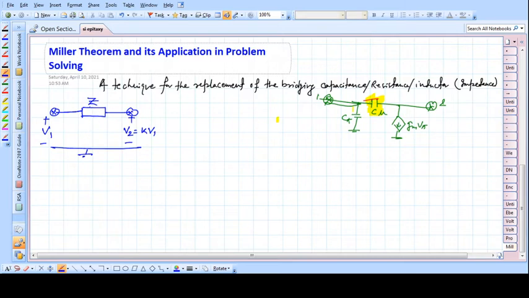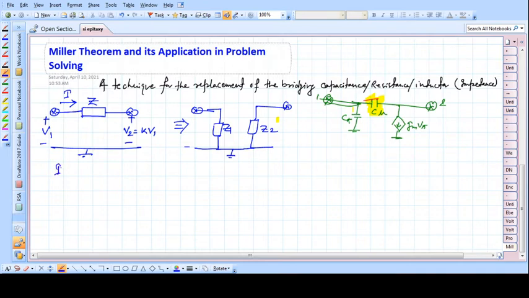So now this impedance can be converted as Z1 and Z2, the same thing. This Z1 and Z2 will be a function of Z.